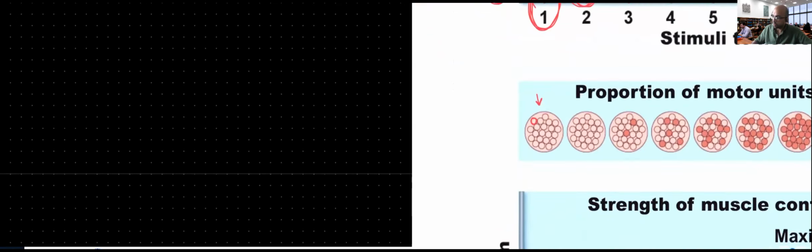What if I've got a threshold stimulus? Threshold stimulus is a minimal stimulation. Would I have any muscle contraction? Yes, you're going to have a minimal contraction here. Why? Because some of the muscle fibers got recruited. Minimal contraction.